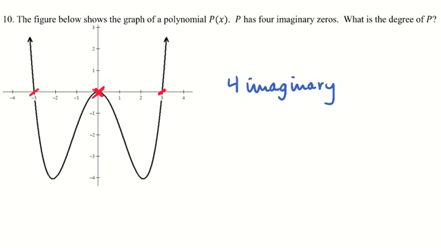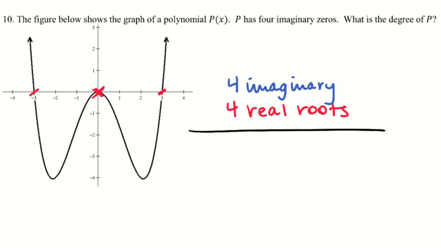But it counts twice as far as counting zeros to determine the degree. So I've got 4 imaginary roots and also 4 real roots, one of them just happens to be repeated twice. That is a total of 8 roots, which means 8th degree.